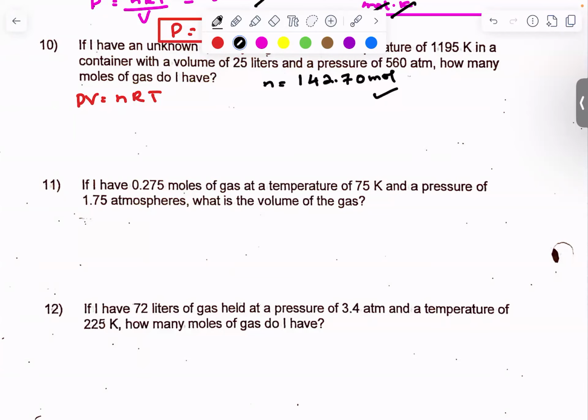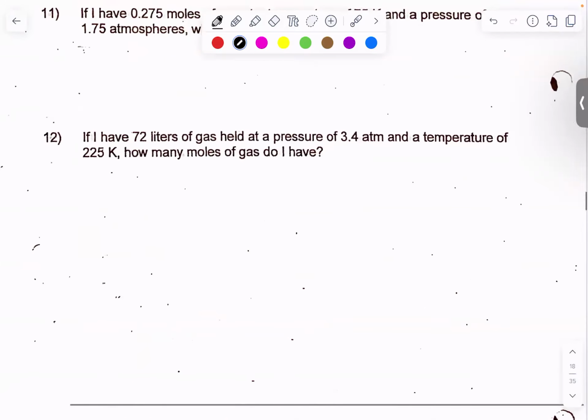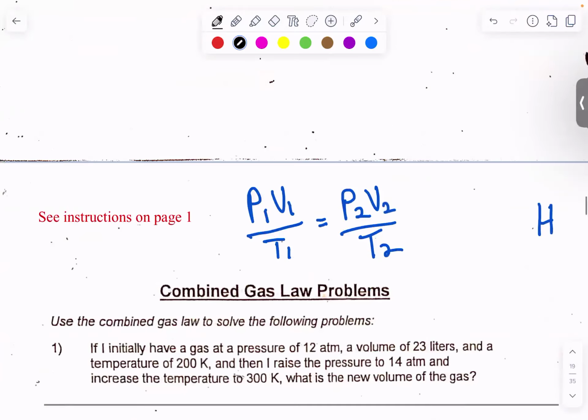I got 13.25 moles. 13.25. Yes, correct. Now the last question, I think. No, it's done? Yes.